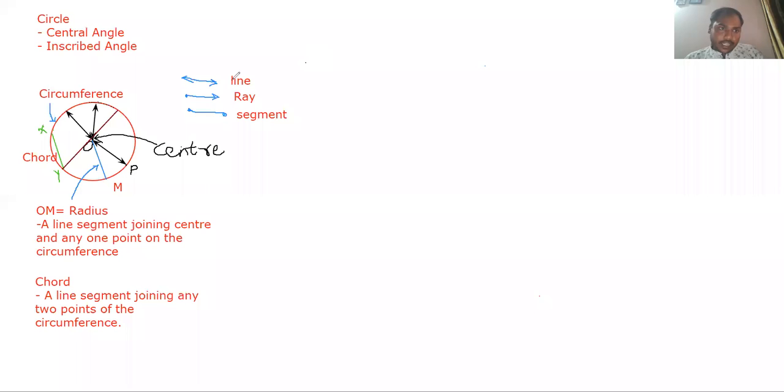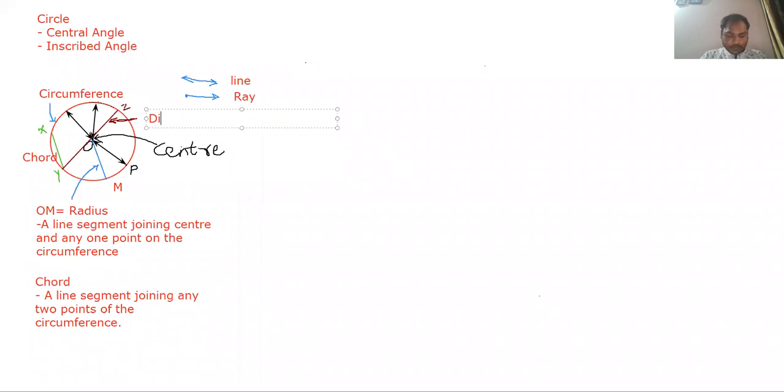I'm going to give the name Z to this point. So you can see this XY and this YZ. This YZ is representing the diameter of the circle, and this is a special name of the chord.